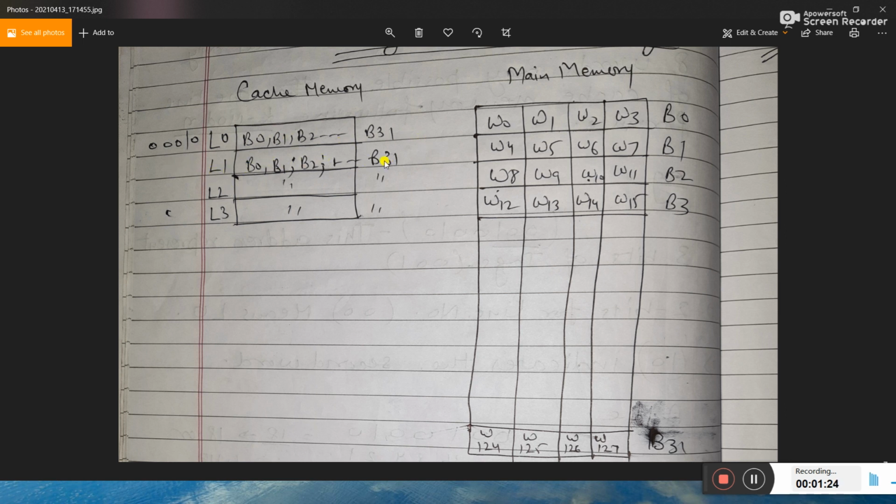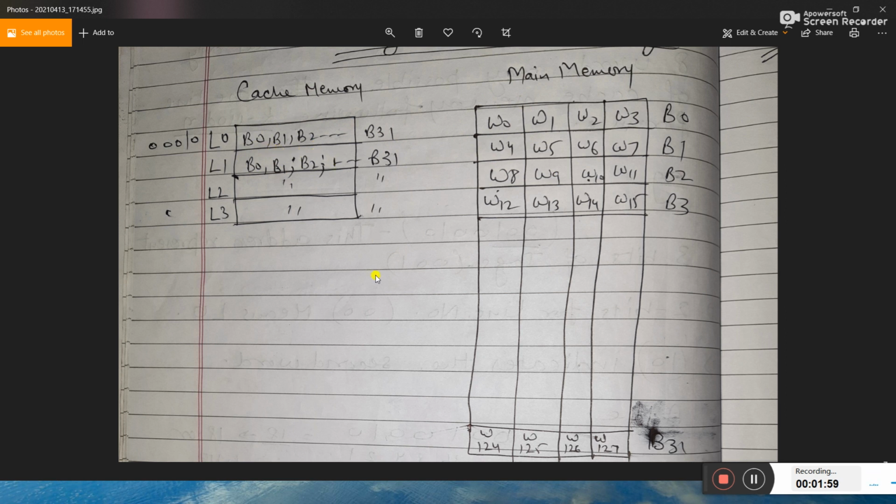L1 can have any of the blocks, L2 may have any of the blocks, L3 may have any of the blocks, right? Because any block is possible in any line, I am providing 5 bits so that the block number can be defined, and then which word is needed. Block size is the same as line size, so the number of words in the line equals the number of words in the block. These are also 4, so no further description is needed.